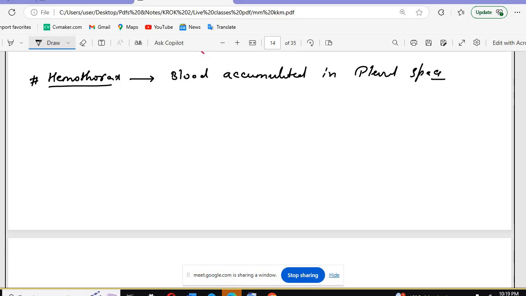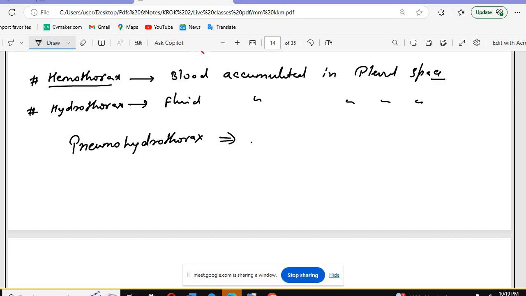And we have the hydrothorax, where fluid is accumulated in the pleural space. Sometimes it can be pneumohydrothorax or pneumohemothorax.